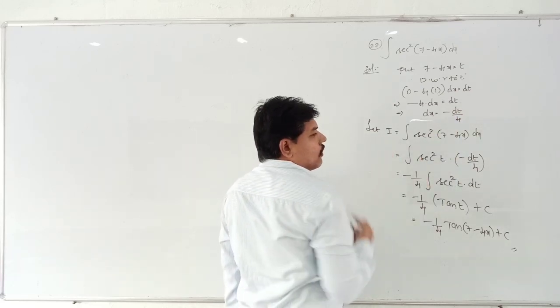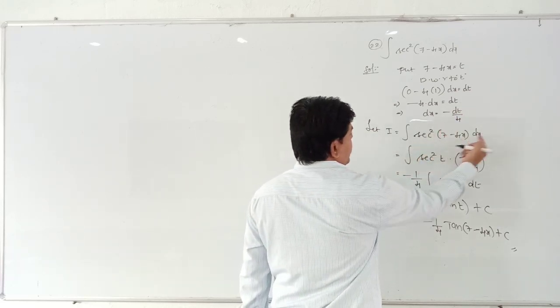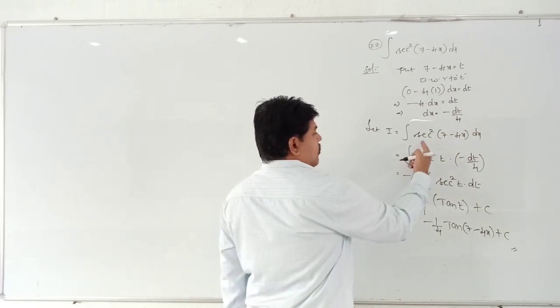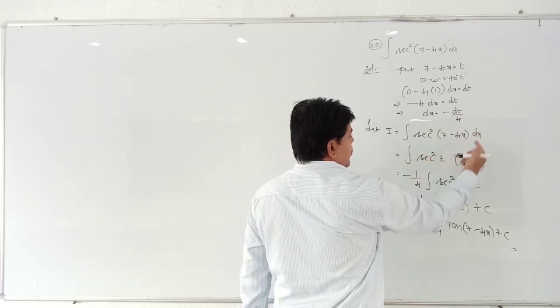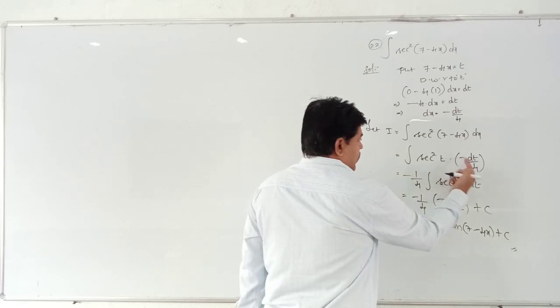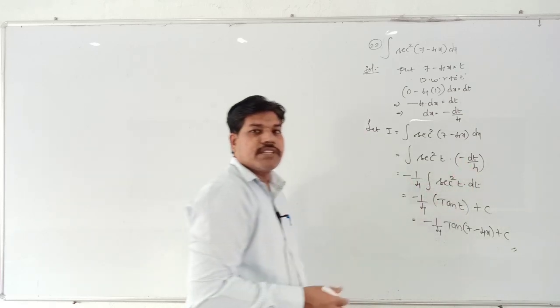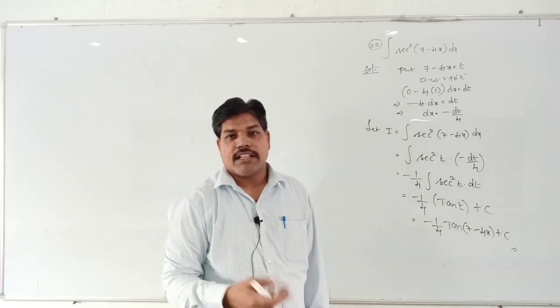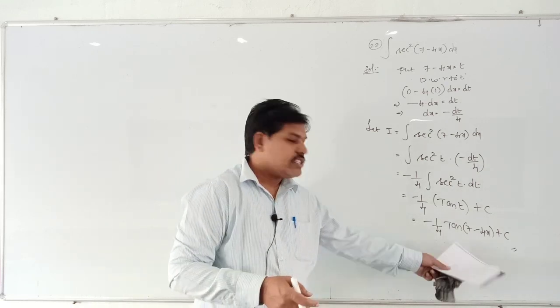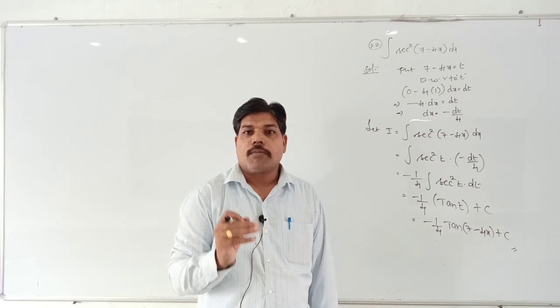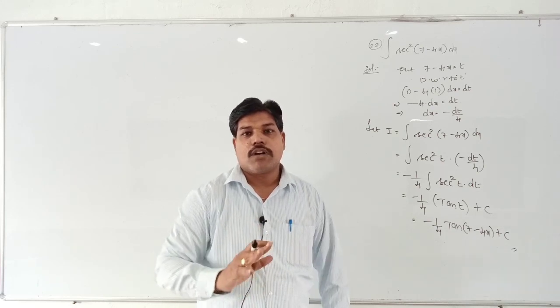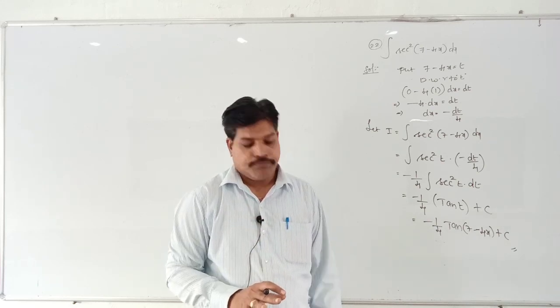So let I is equal to integral of secant square 7 minus 4x into dx. So that is equal to integral of secant square t into dx value, minus dt by 4. Take this minus 1 by 4 out. So the integral of secant square t is tan t. In the place of t, just replace the value 7 minus 4x. Formulas are very important. First you have to complete the formulas perfectly.